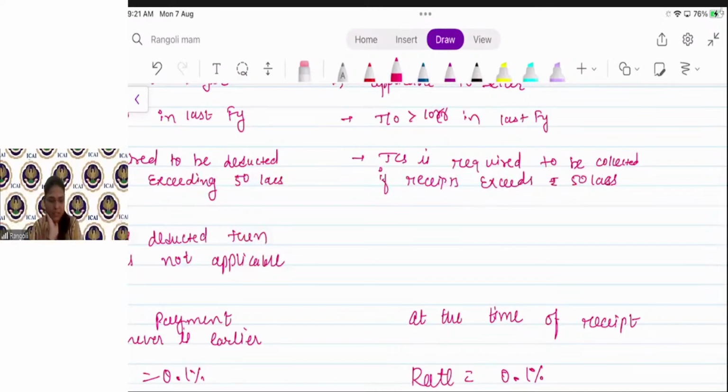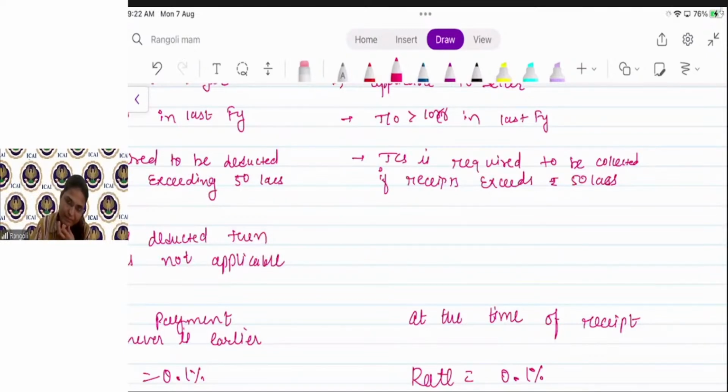Say for example, Reliance collects 70 lakh from XYZ Private Limited. So Reliance will collect TCS on 20 lakh at 0.1%. Clear? Reliance will collect TCS at 0.1% on 20 lakh from XYZ Private Limited.